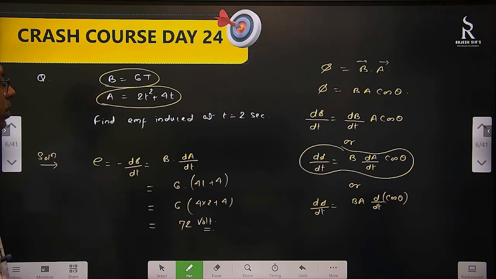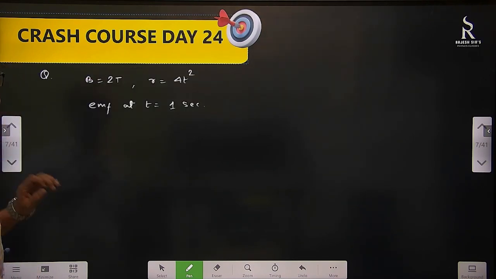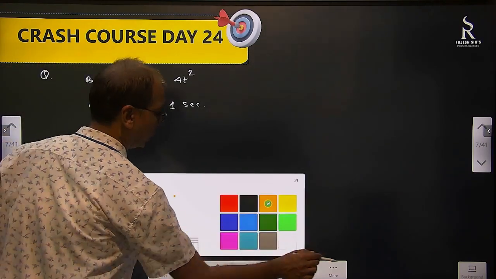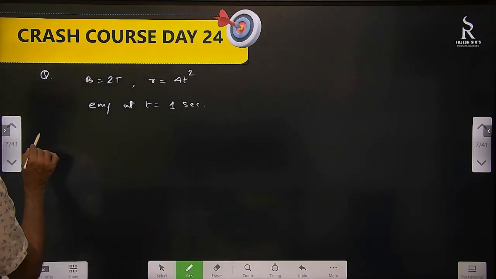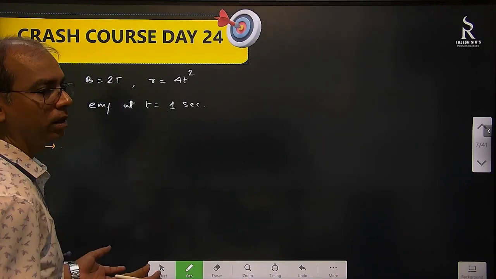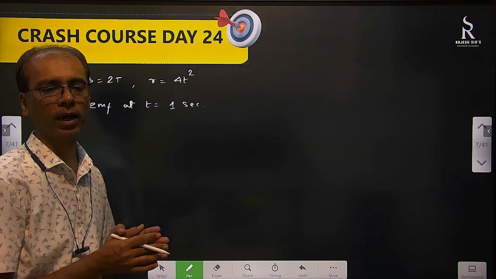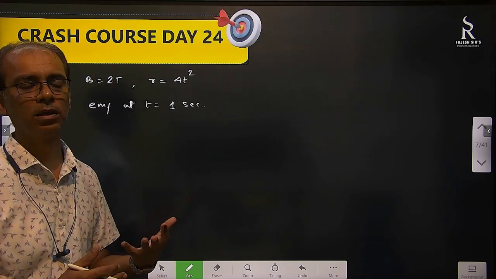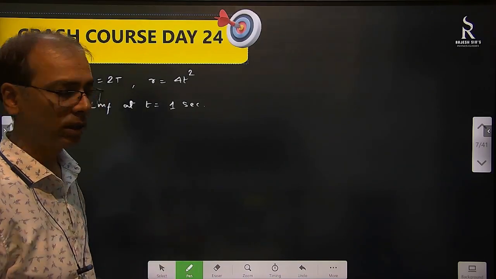Right? Simple. Then next, in this one again the magnetic field is given constant, but the radius is changing. That means a coil is placed in a magnetic field and its radius keeps on changing. So if the radius keeps on changing, the magnetic flux through that coil is changing.